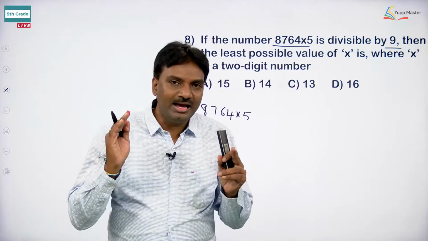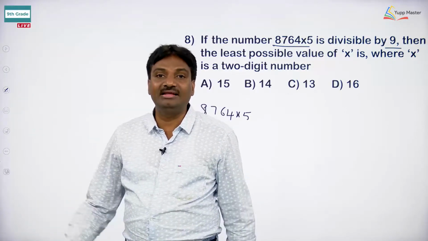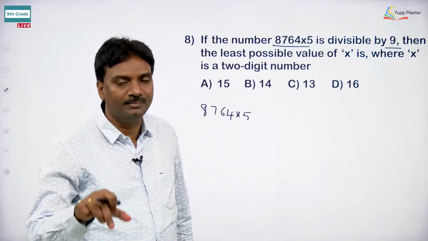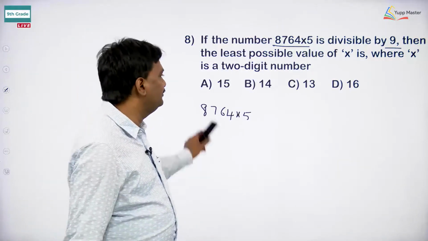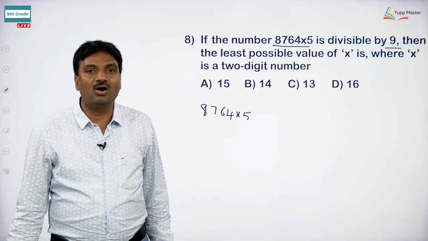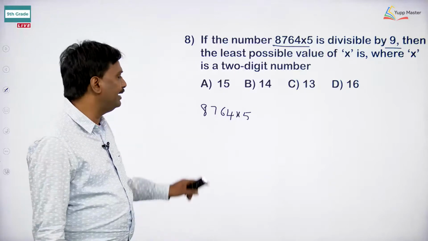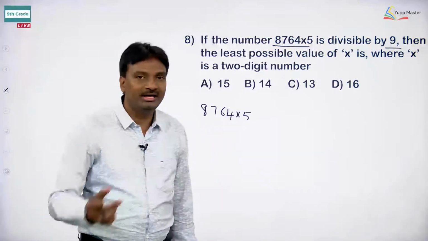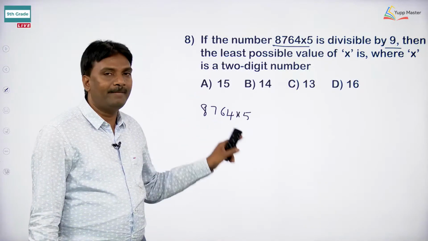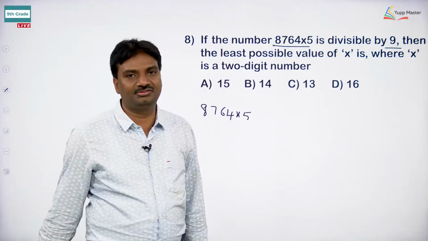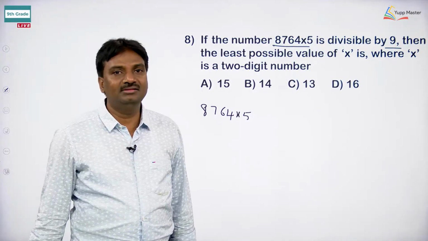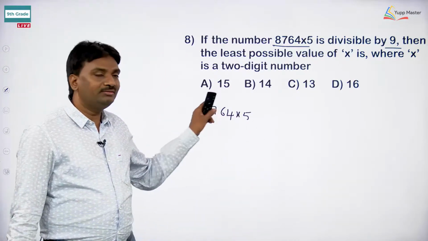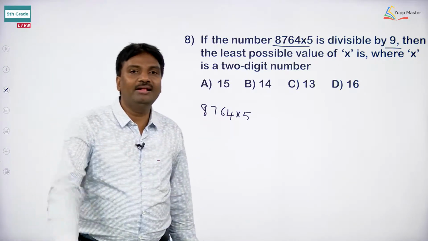To check whether a number is divisible by 9 or not, add all the digits of the given number. Here the given number is 8764x5, which contains 6 digits. But among these 6 digits, one unknown value x is there.